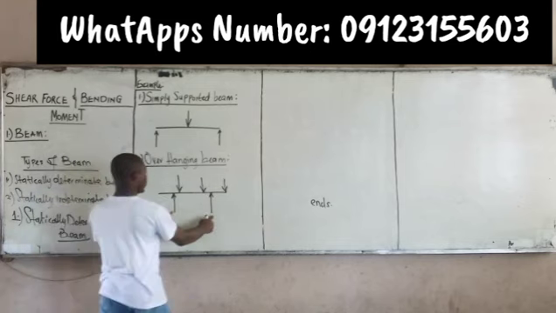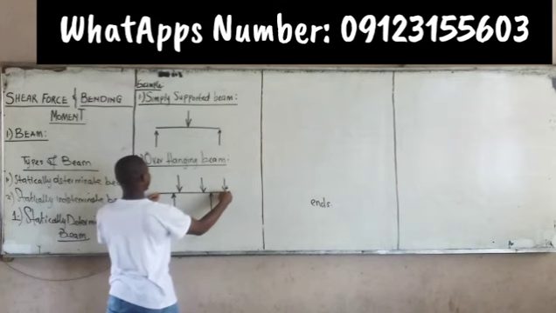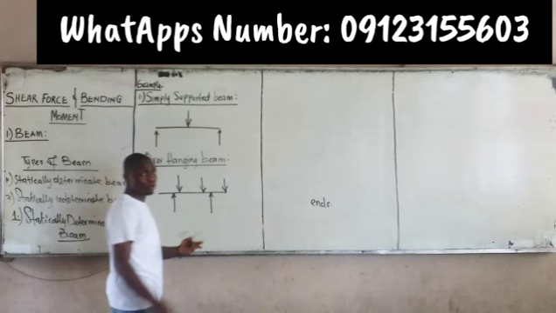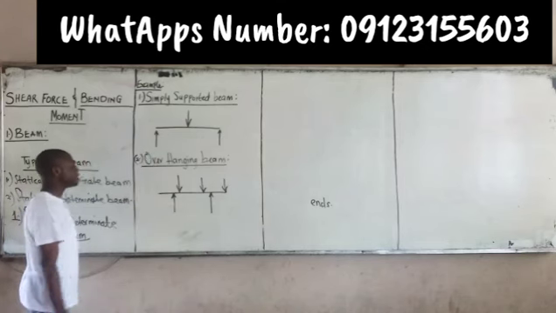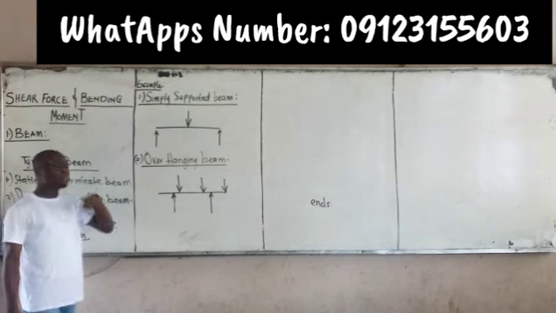See, these are supports, but the supports are not at the two ends. So the two ends do not have support. In this case, we call it an overhanging beam.